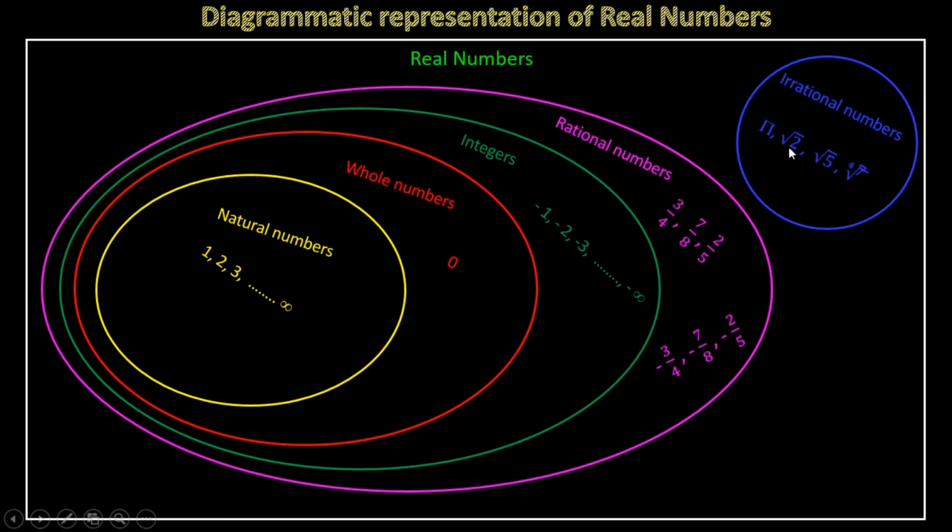They are pi, root 2, root 5, all the numbers whose roots cannot be taken out, not only square roots but cubic roots or fourth roots, like that. Those which cannot be expressed in p by q form are irrational numbers. So this is the complete diagrammatic representation of real numbers.